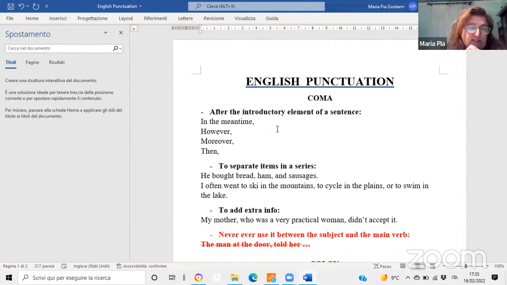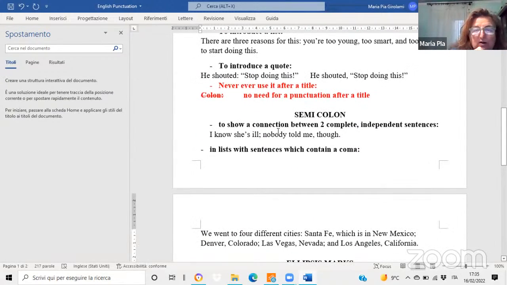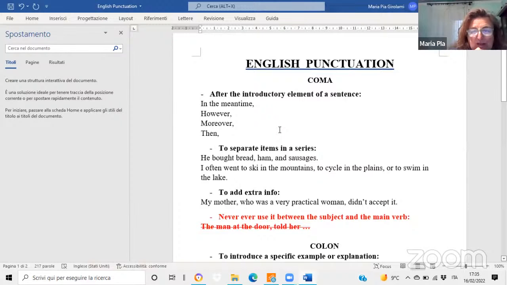So no difference, nobody makes mistakes about that. But these ones, everybody writes them wrong. So I said, let's tell them. Because I know it's not very, very serious, but it's always better knowing it. So che non è molto grave, però insomma è sempre meglio sapere. Ok?